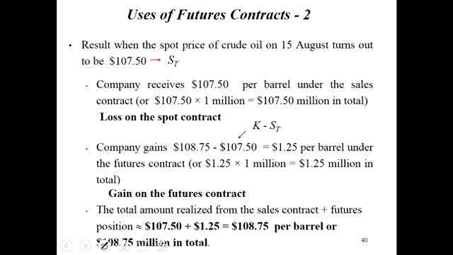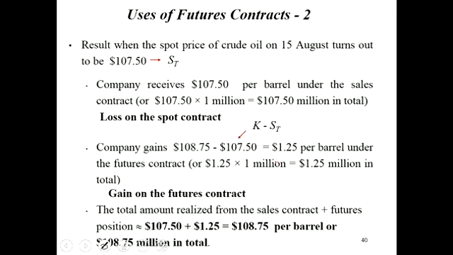If it went up, let's say it goes up to $109.50 per barrel, then when you got paid from the refinery, you get $109.5 million. Now, remember in the short hedge, remember that thing going like that? Price goes up, you lose money.